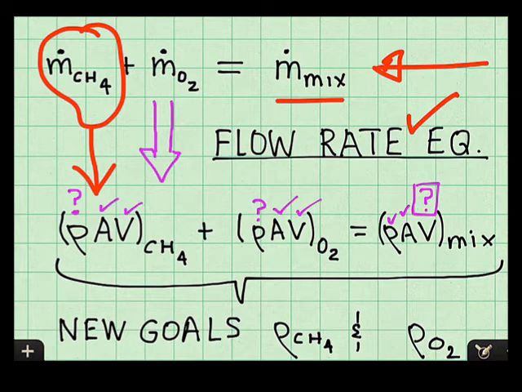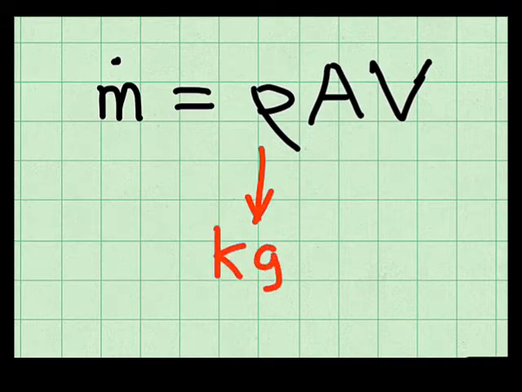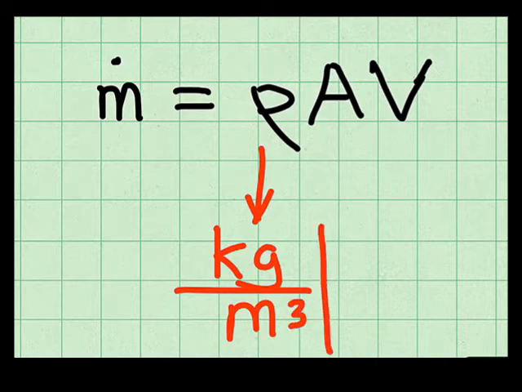Let me show you a simple idea for remembering this equation. Using units helps me remember this equation. So the units of density are kilograms per cubic meter. The units of area are meters squared.